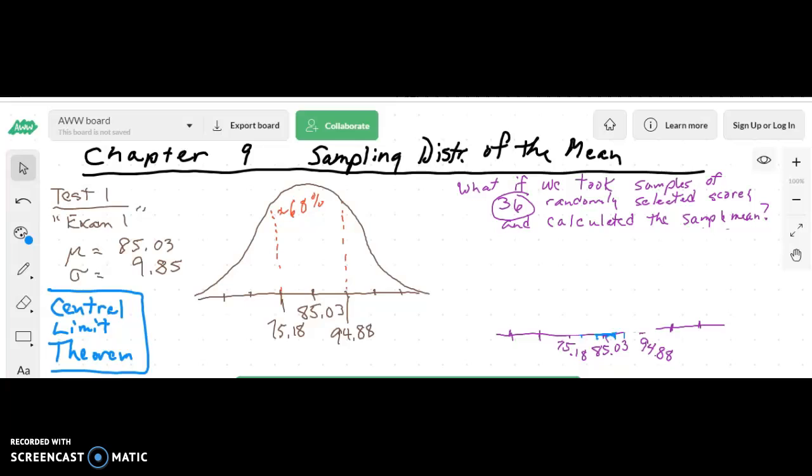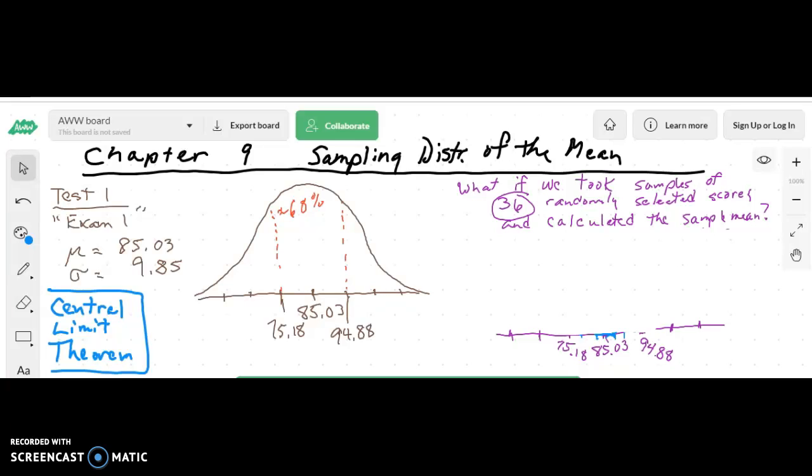In test 1, we had a data set where exam 1 was a group of test scores. Those scores of that population of approximately 60 students had a mean of 85 and a standard deviation of 9.85. The mean, if you recall, is a measure of central tendency, and that's where the values tended to be centered. Some of them are higher than 85, some of them are lower, but the majority of them were around 85.